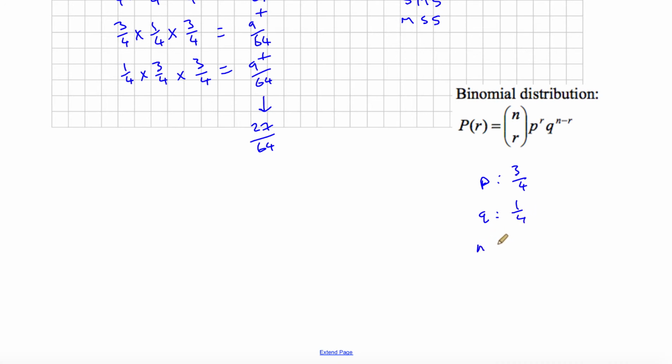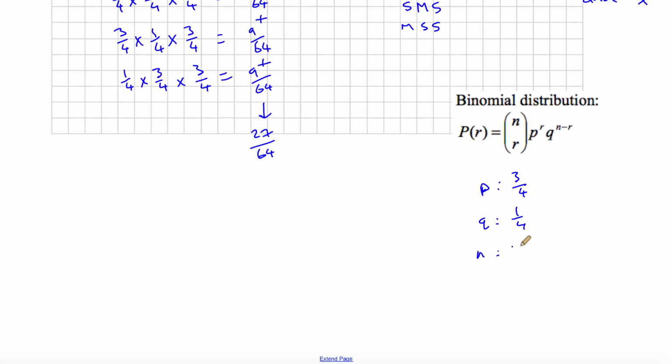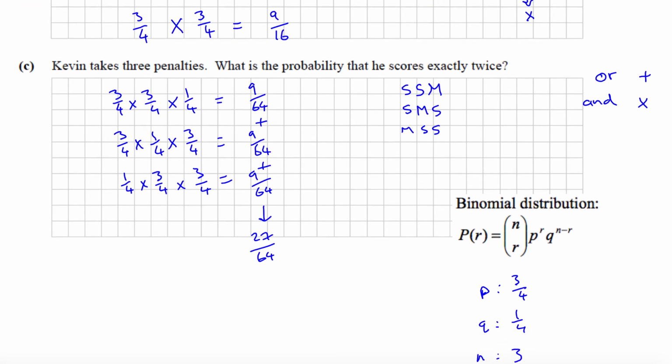N is the number of trials. So he takes 3 penalties, so n would be 3. And r would be the number of successes. So the number of successes is 2, because we're saying what's the probability that he scores twice.